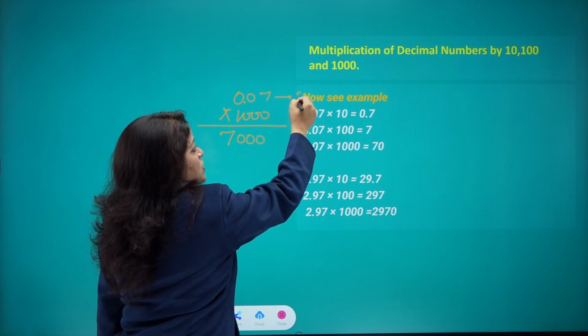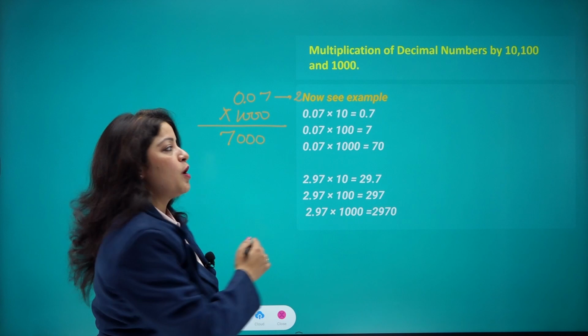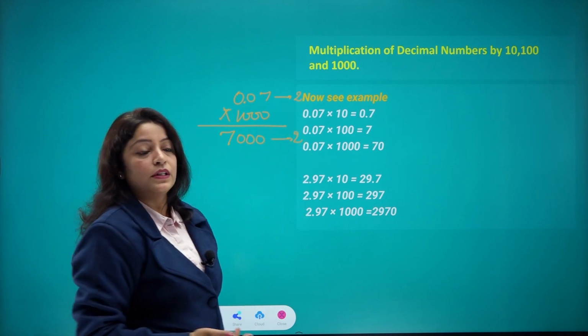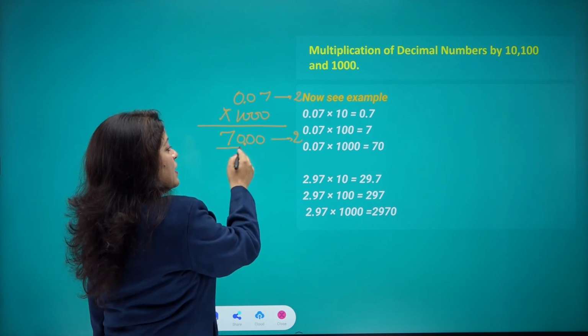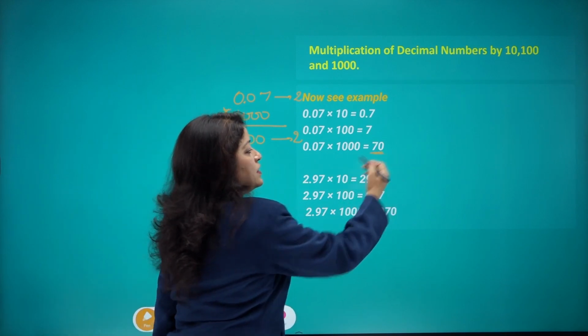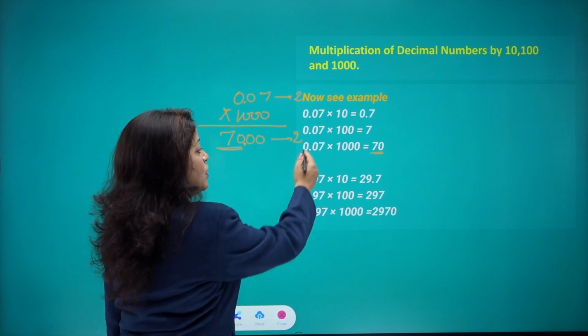So, there are 2 digits after the decimal in one number only. No decimal in the second. No problem. In the final result, there should be 2 digits after the decimal. That means before these 2 zeros, we have to put a decimal and the number becomes 70.00 or simply the number 70.